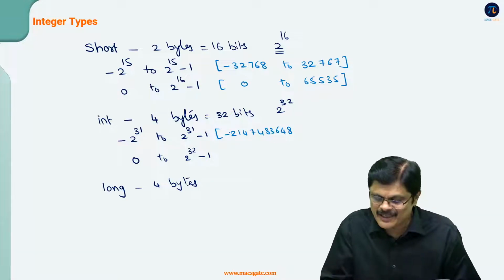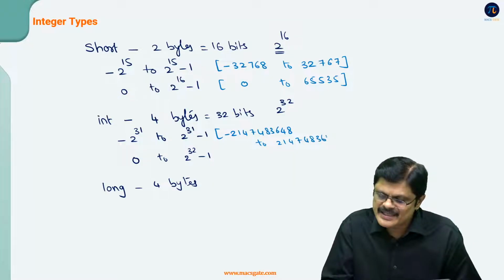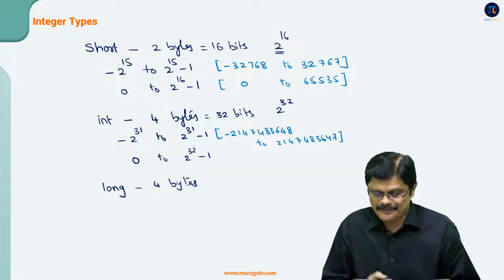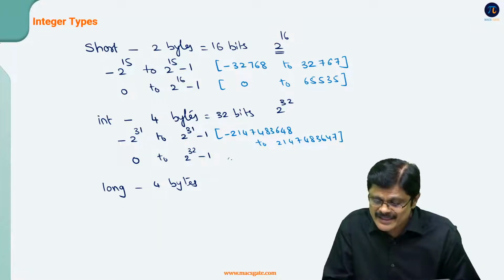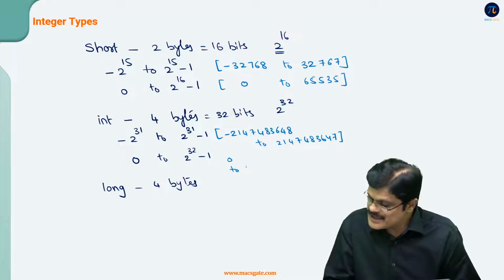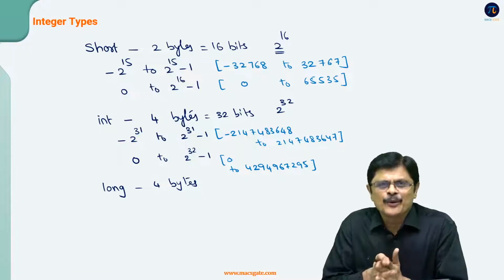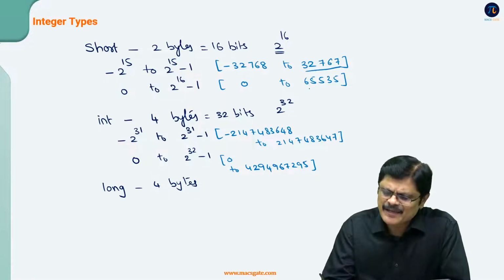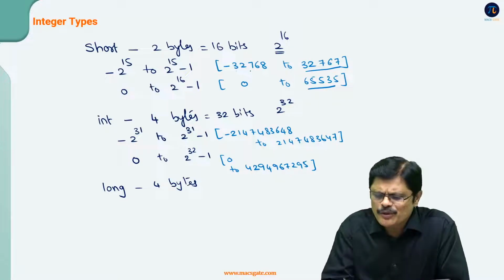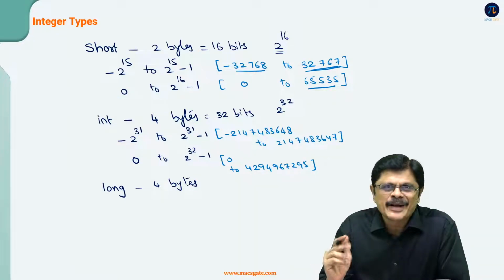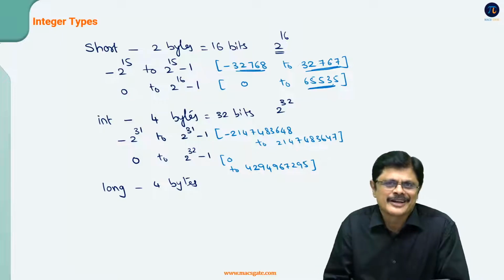And from here, 1 less, that is 2147483647. And 2 power 32 minus 1 means it is going from 0 to 4294967295, a big number. If you want, you can remember. I do not recommend it. At least these two numbers, if you remember, it is good for health, because you can get the others by just subtracting 1.